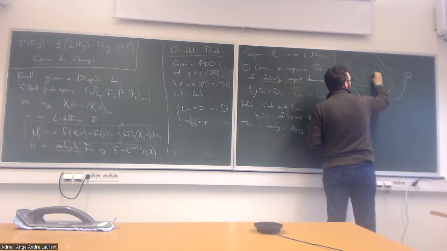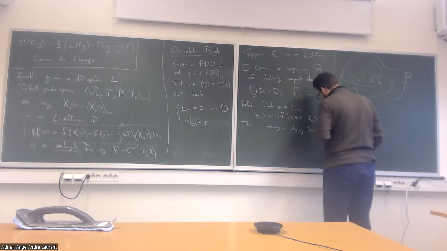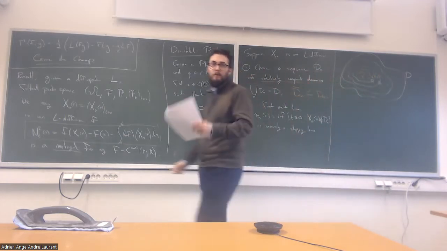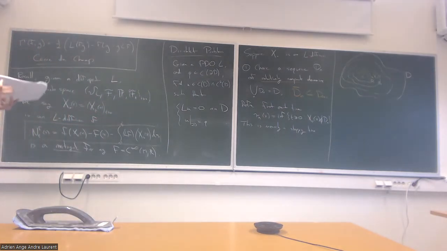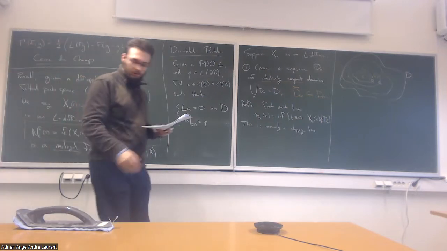The time when this occurs is tau 1 of x. And we can continue, saying for step n, when does it first hit the boundary of D_n.